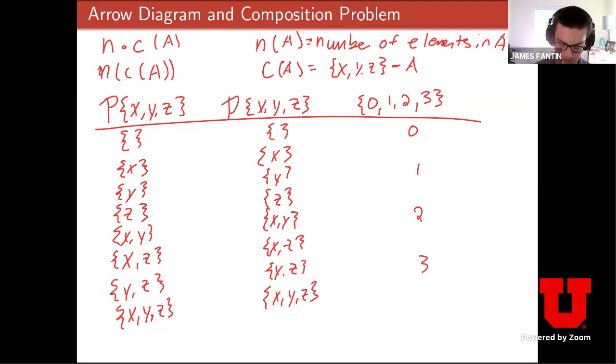So let's first go through the empty set. If we apply the function c to the empty set, where does the empty set get mapped to? In other words, what is c of the empty set?